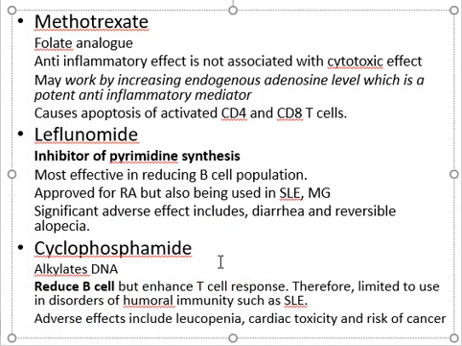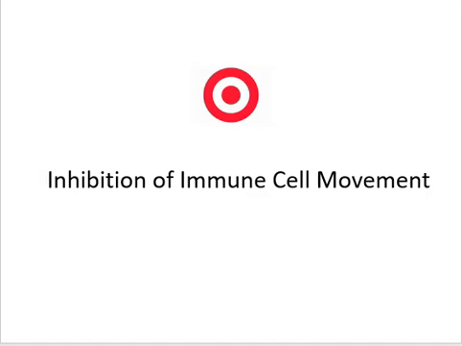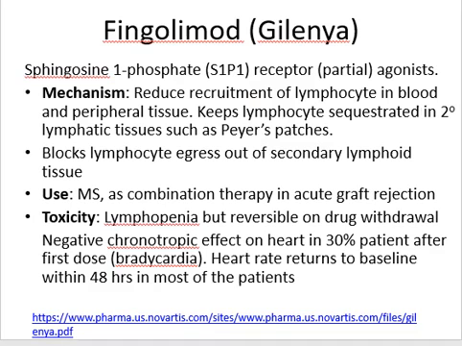There's another group of drugs that can actually reduce immune cell movement. For simplicity's sake, I really just focused on one, fingolimod. This is a sphingosine 1 phosphate receptor partial agonist.